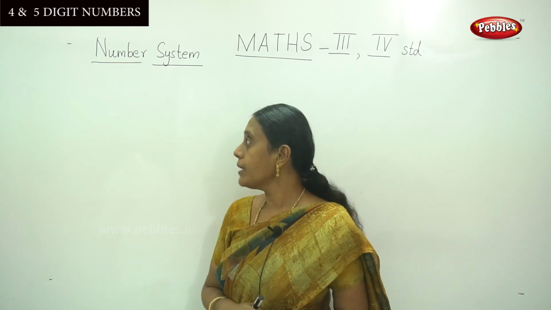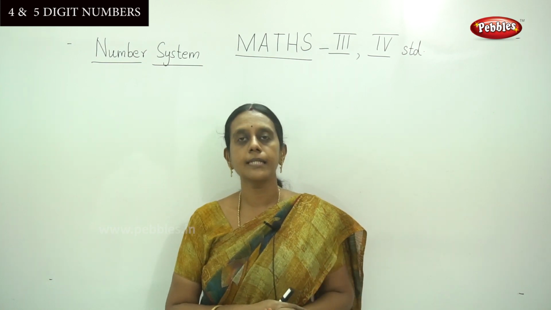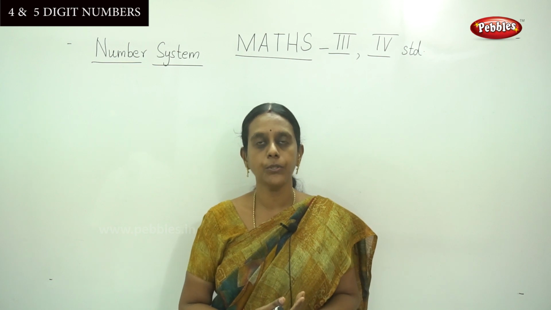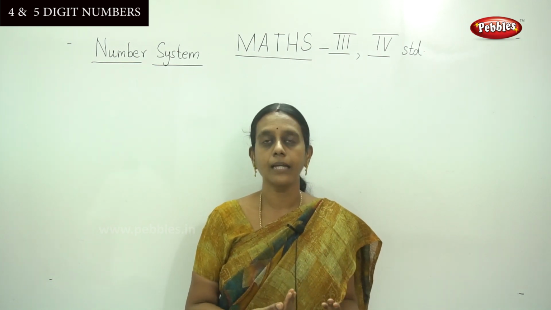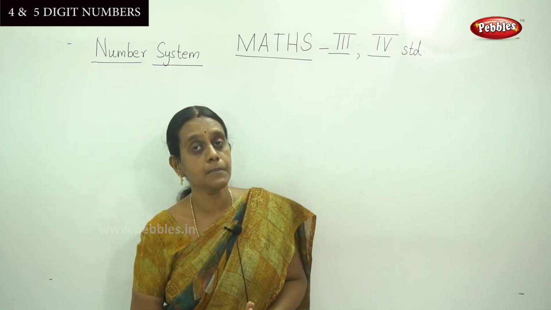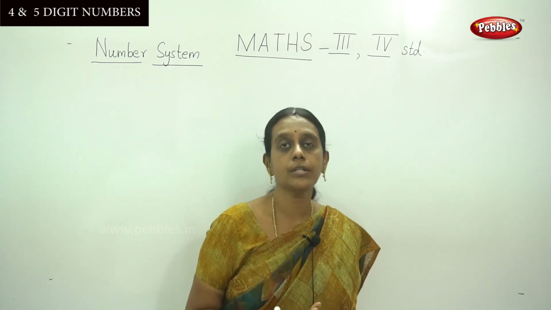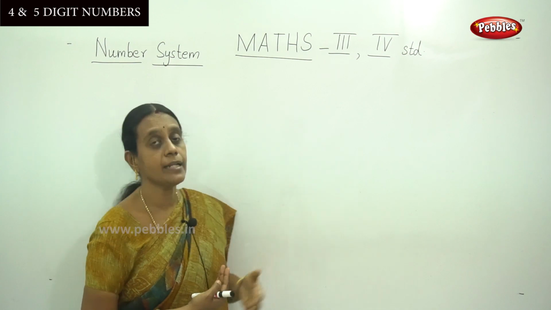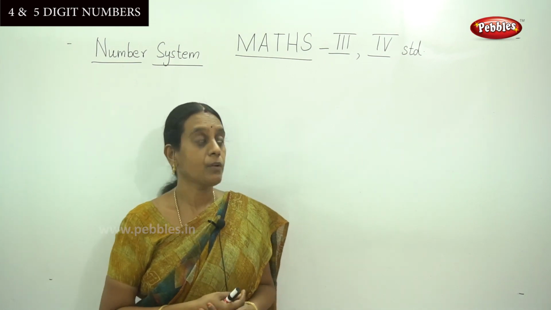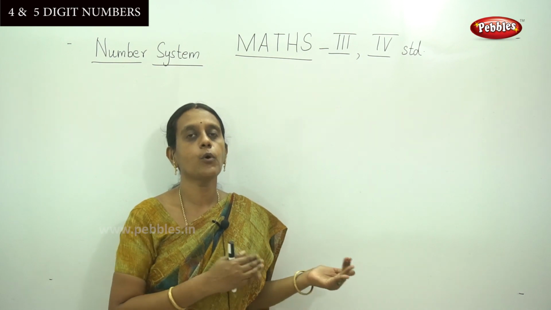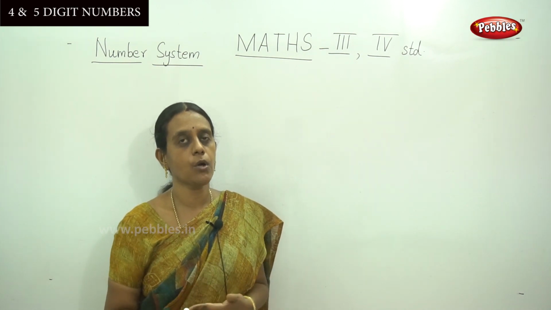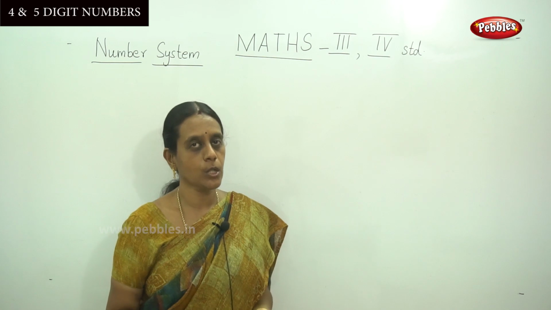Today we are going to learn 5-digit numbers, how to form, read and write the number names of 5-digit numbers for your grade, that is 4th standard. For 3rd standard level you have learnt only 4-digit numbers and the introduction of the 5-digit number, 10,000.